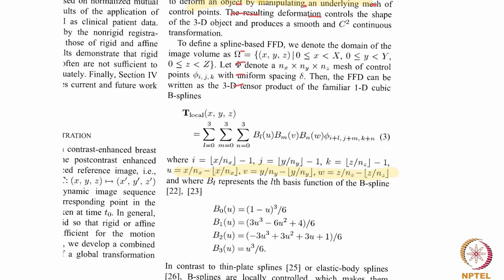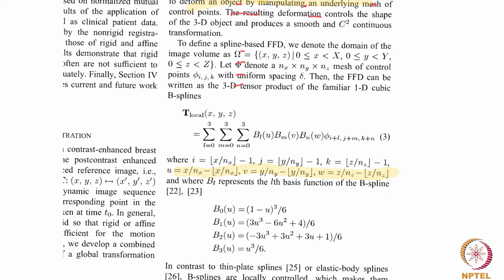So for every point, you locate the nearest set of control points, in this case about 64 in 3D, and you calculate the distance of these control points from the point of interest. You use that to calculate the weighting for each of these control points, and then subsequently estimate the value of the deformation field at that point.